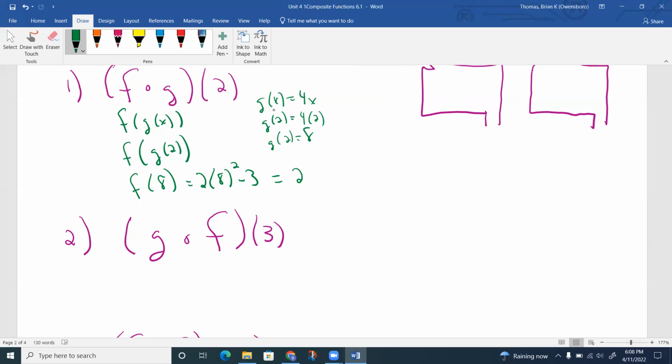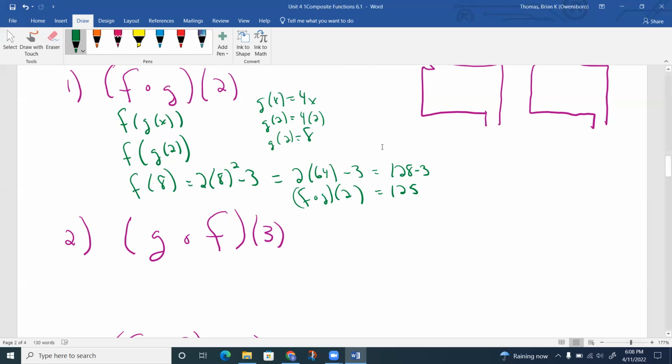That's going to be 2 times 64, and then we're going to subtract 3. That's 128, subtracting 3. So our final answer is 125. So f of g of 2 would equal 125.